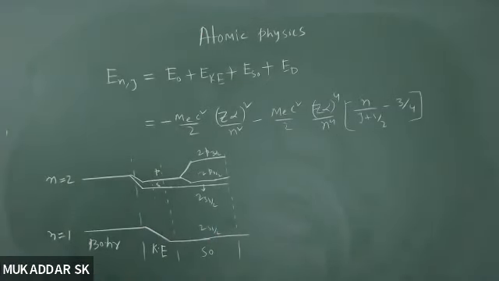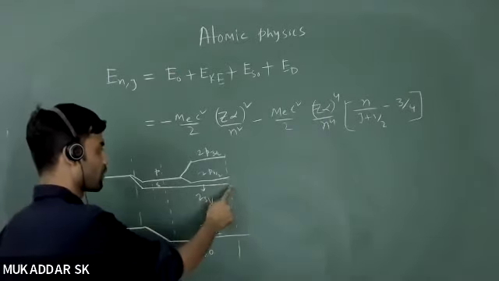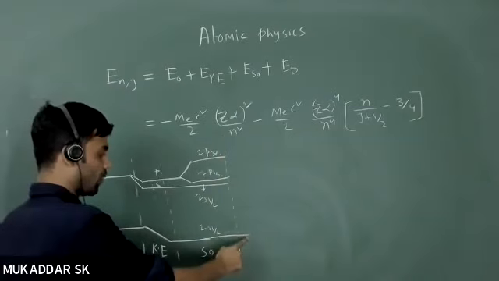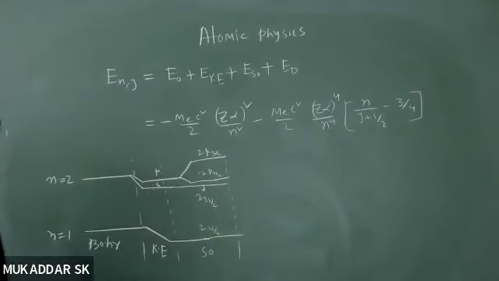So the Darwin correction basically applies to the S orbital only. And if you notice, yesterday we discussed that for the S orbital there is a positive energy correction. So due to the Darwin correction, this energy level will be shifted upwards, and of course this level also, because these are S levels, right?